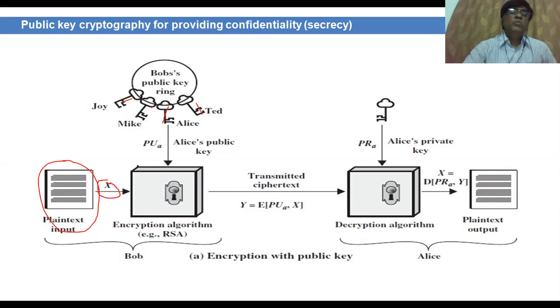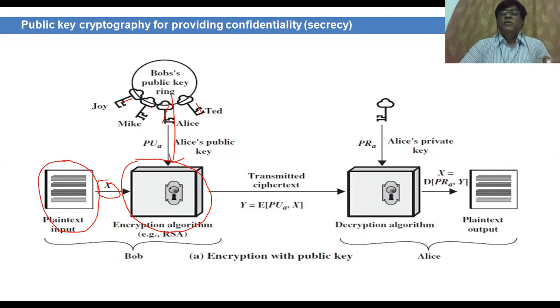Now Bob encrypts this plain text X using only Alice's public key. Why does he use Alice's public key for the encryption?